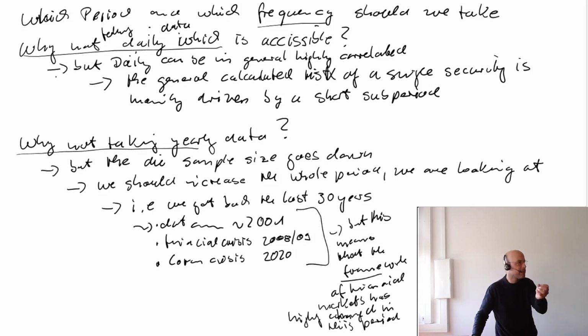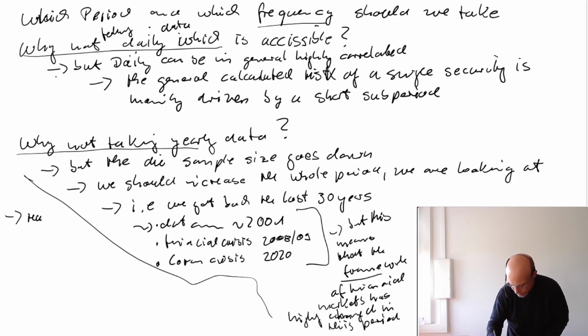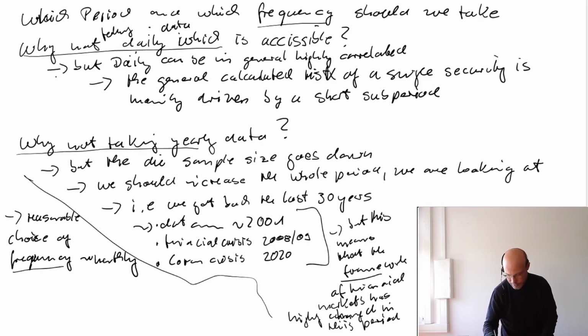And therefore, if we want to do our analysis here, then we come to the conclusion that a reasonable choice of the frequency and the period length could be maybe: frequency is then maybe monthly, and period length, well, Corona we cannot exclude because we want today analysis for today, but then I think we should exclude the financial crisis.